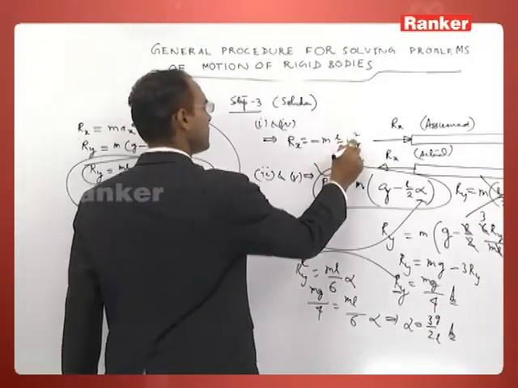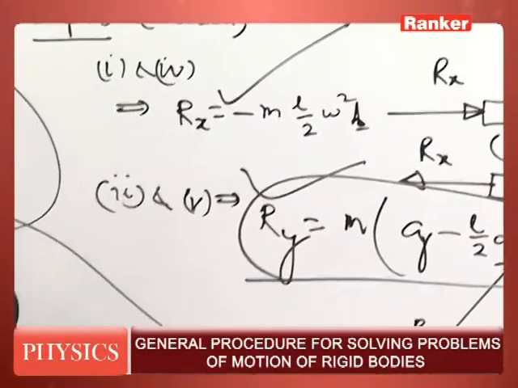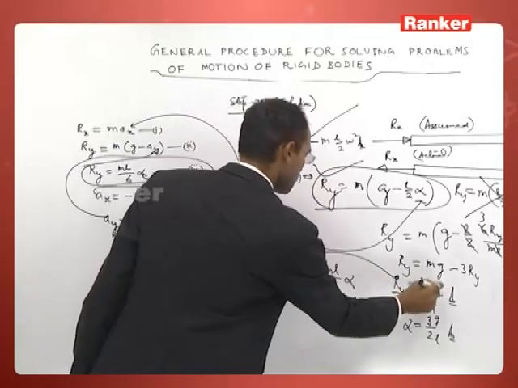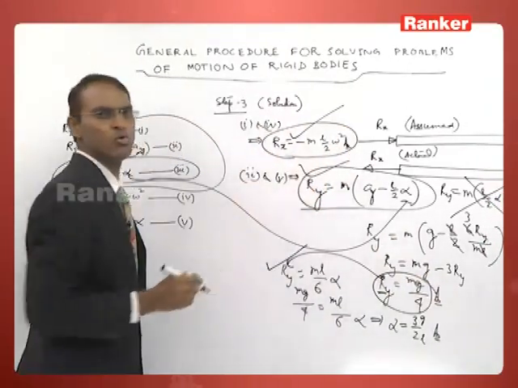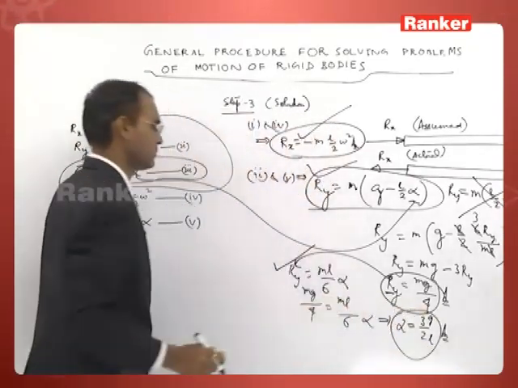And Rx already we have got, Ry we got, and Ry is equal to mg by 4. Rx is equal to minus m L by 2 into omega square. Alpha we got.